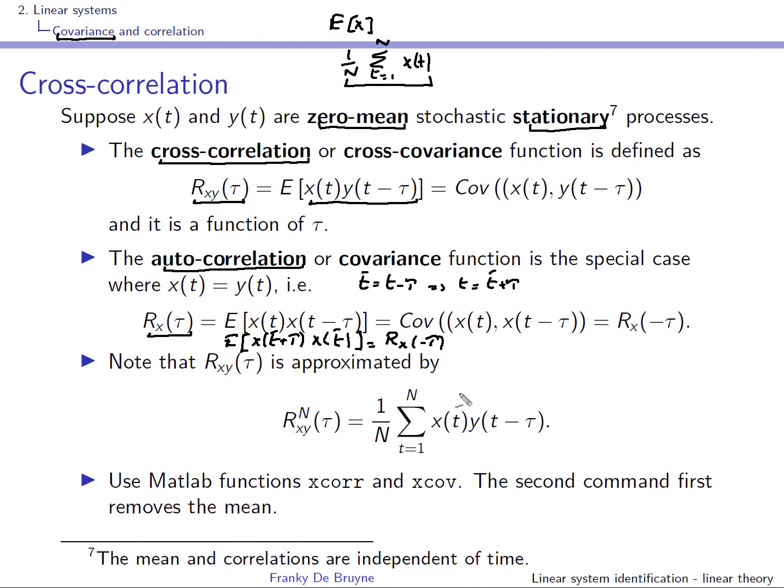If you plug that in here, you find that the cross-correlation can be approximated using this formula, and this is something that you should know. Of course, we'll work a lot with Matlab, and cross-correlation and autocorrelation can be implemented using the functions xcorr and xcov. The second command will first remove the mean, whereas the first one will assume that the process is zero mean.